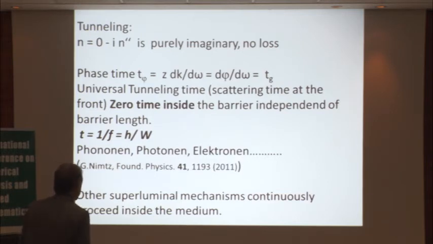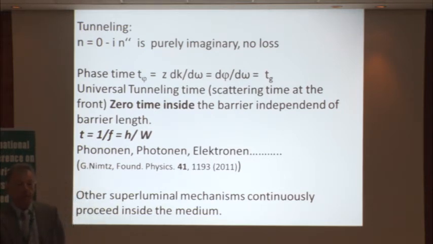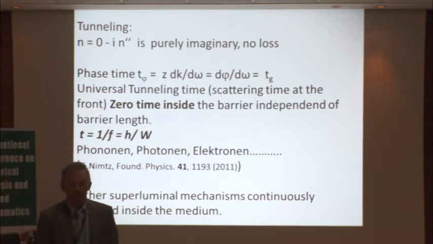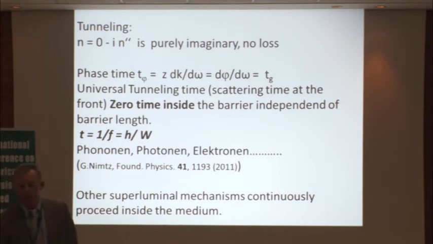And we found another interesting behavior, that the scattering time or the transmission time is a universal number. For instance, 1 over the frequency of the packet, or h divided by the energy. And as I mentioned at the beginning, we have found this for photons.